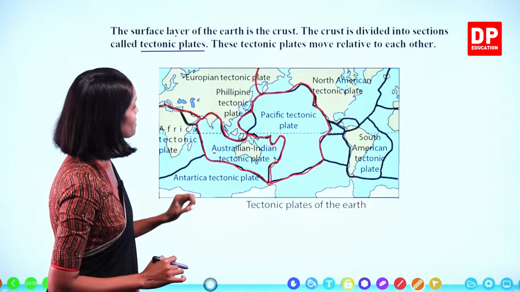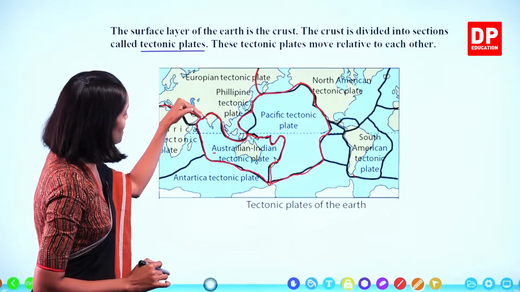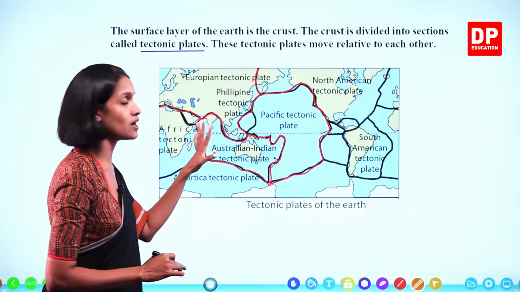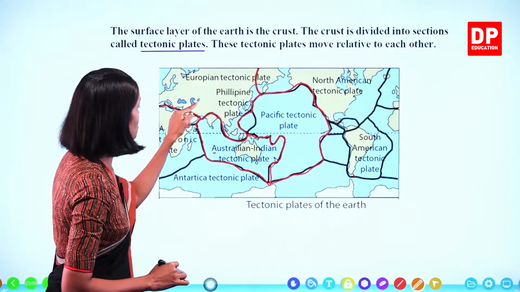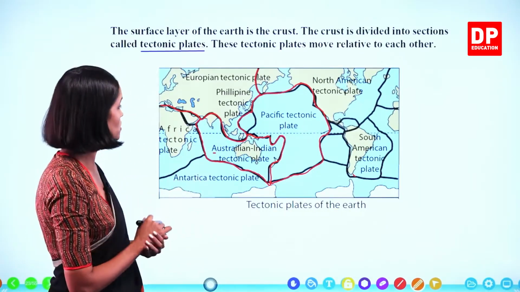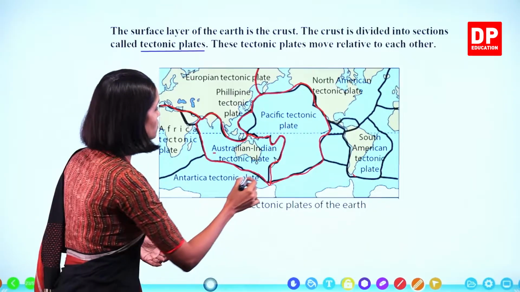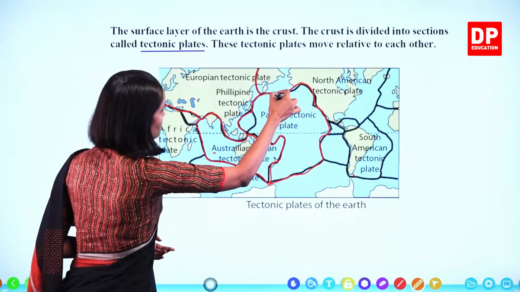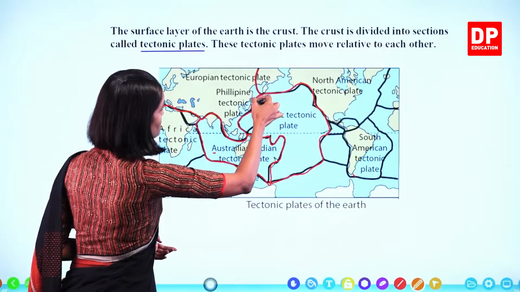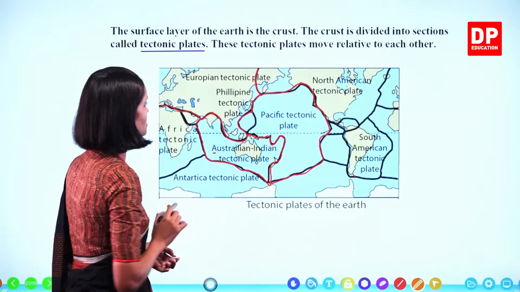Right, children? So remember, the places where two tectonic plates separate from each other are known as tectonic plate margins or boundaries of tectonic plates. Okay, so you all can see here, when you consider this Pacific tectonic plate, all the margins are in the ocean.